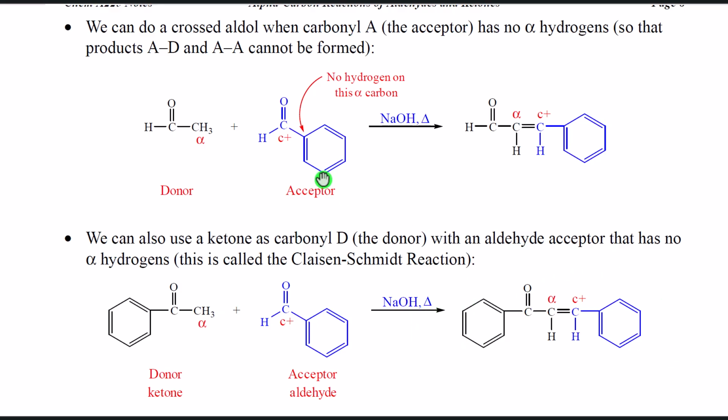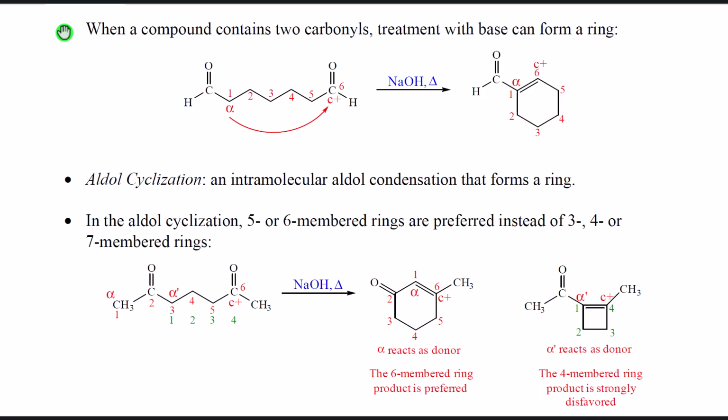When a compound contains 2 carbonyls in the same molecule, treatment with base can form a ring. Again, this is most commonly done as a condensation. Here's an example. This is a 1, 2, 3, 4, 5, 6, 7 carbon dialdehyde.